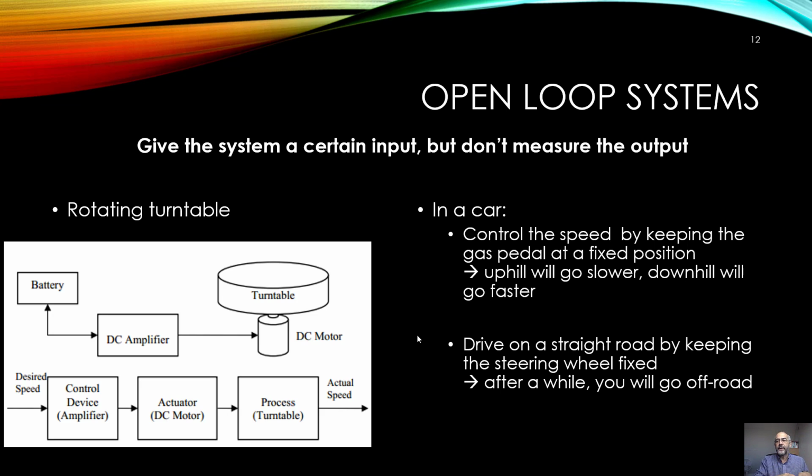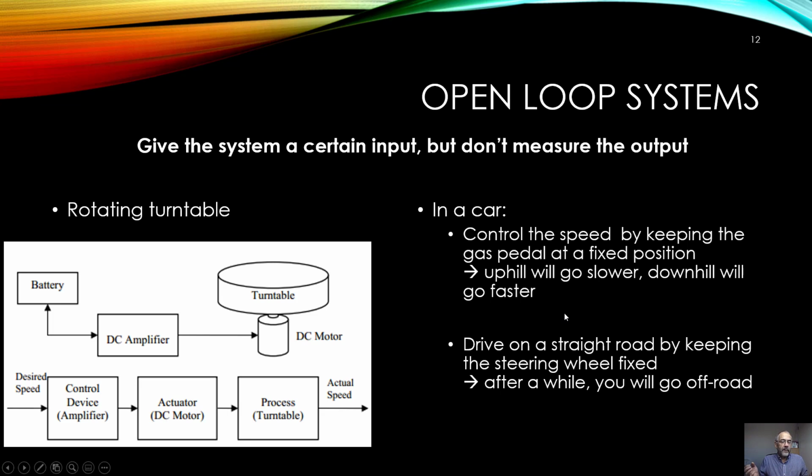You could go uphill or downhill, which will make the car go slower or faster. So the actual speed also depends on external factors. But in an ideal world, a certain position of the gas pedal will relate to a certain speed, and the speed will stay the same if the input is the same.